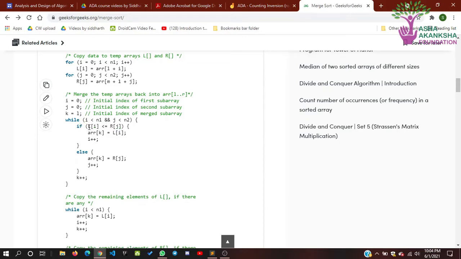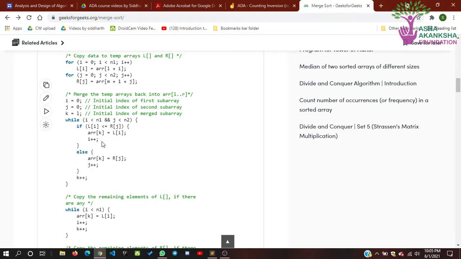If the element considered in the left half is less than or equal to that in the right half, then the array will hold the element of the left half, because according to the merge sort, which we are sorting in ascending order, this element should come first. Then we increment the left half index, which indicates that the current element was added and now we have to add the next element.